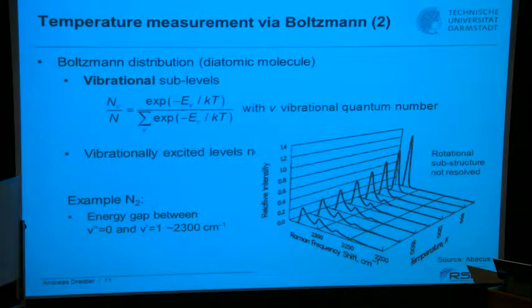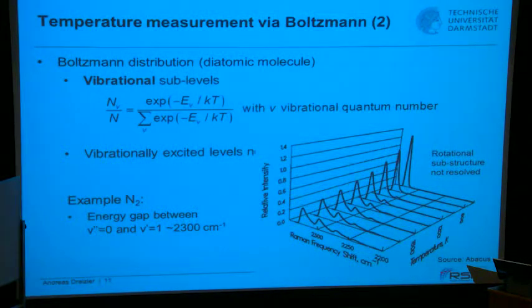They have a certain distribution given by the Maxwell-Boltzmann distribution. Here, that's the identical idea, but it's devoted to the internal degrees of freedom, not the translation, but in that case, the vibration. A typical number of the energy gap, as I said, is not like in rotation in the order of a few wave numbers. It is in the order of 1,000 to 4,000 wave numbers.